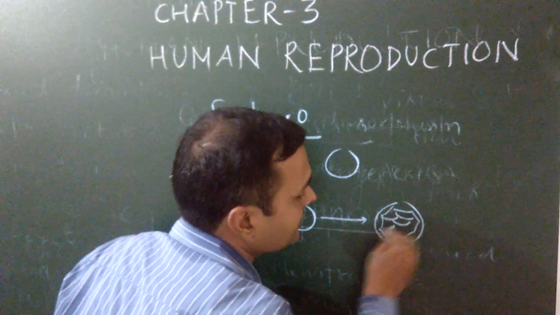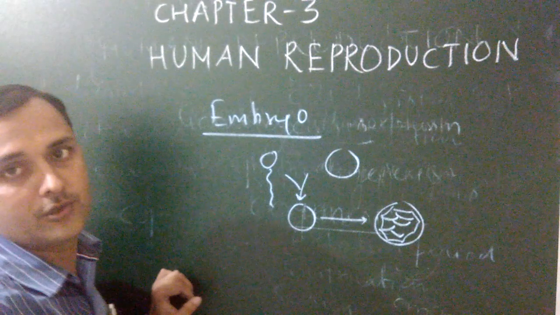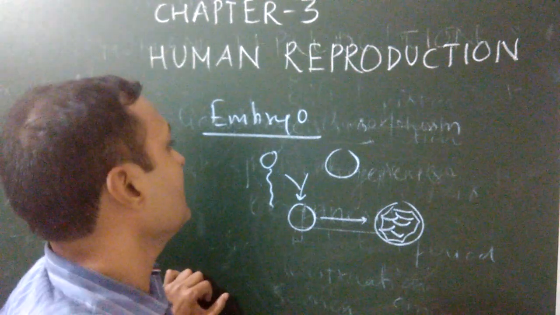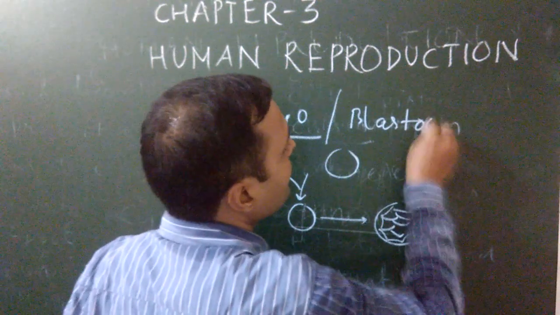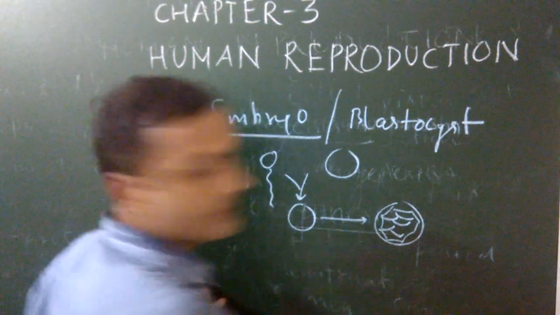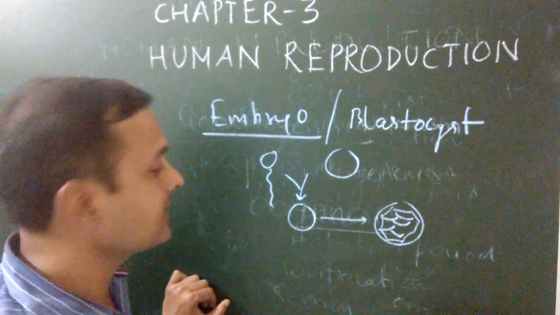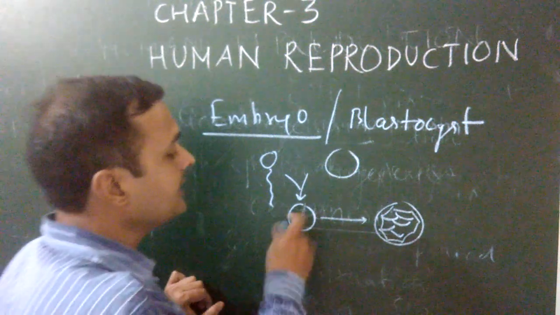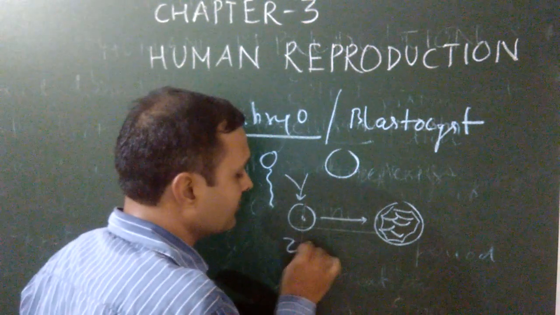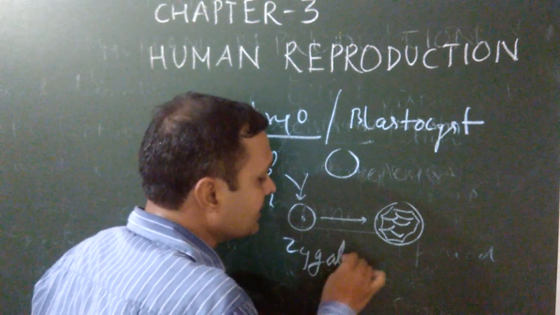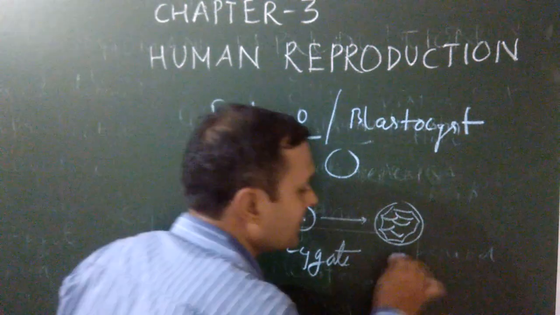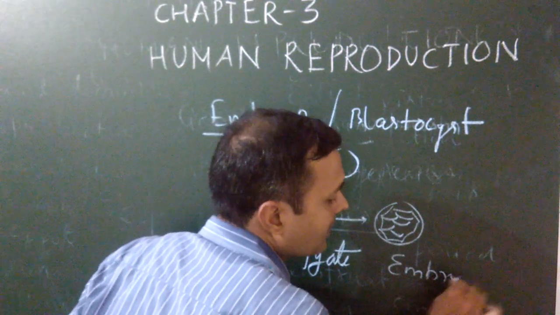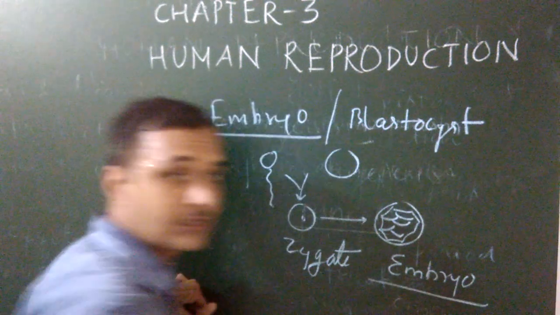This multicellular structure is known as an embryo, also known as blastocyst. A multicellular structure which is formed by the division of the zygote is known as an embryo, also known as blastocyst.